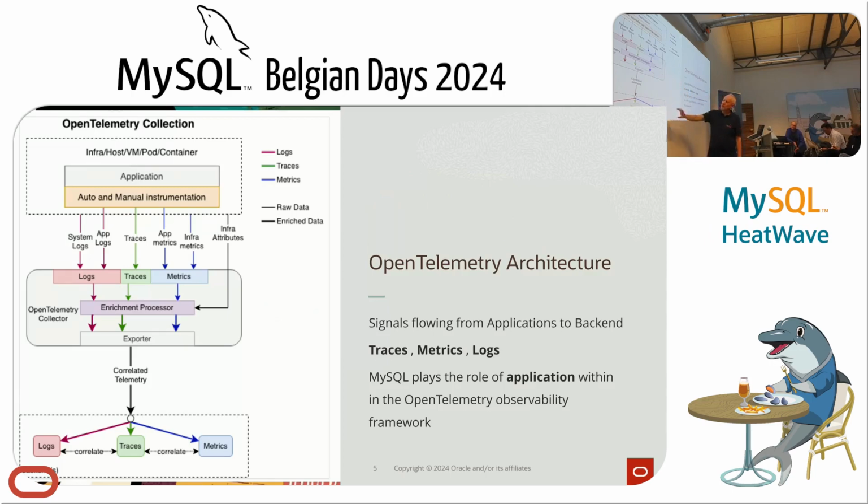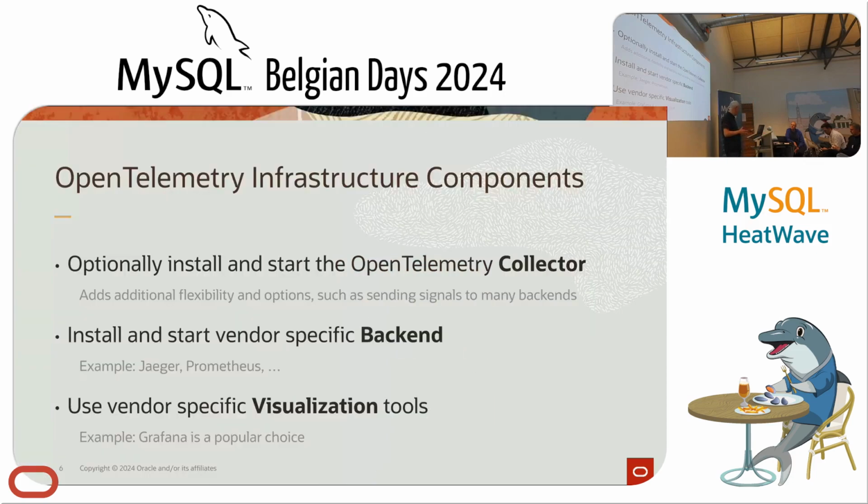And then there are backends. There are a lot of commercial and open source backends. Typically there are backends like Jaeger and Prometheus, and on the backend you typically have some visualization to show graphs and stuff. That's roughly the architecture.